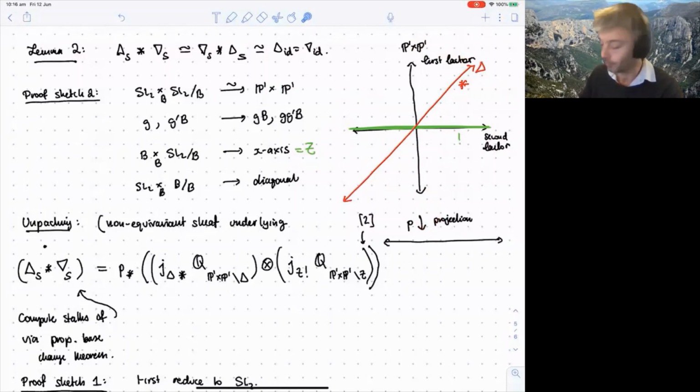So the stalk here will just be the cohomology of the restriction of this sheaf to the fiber.